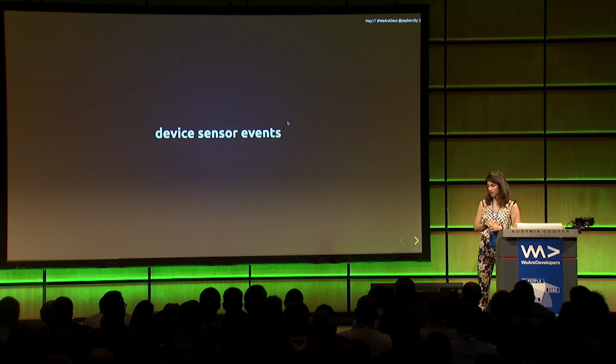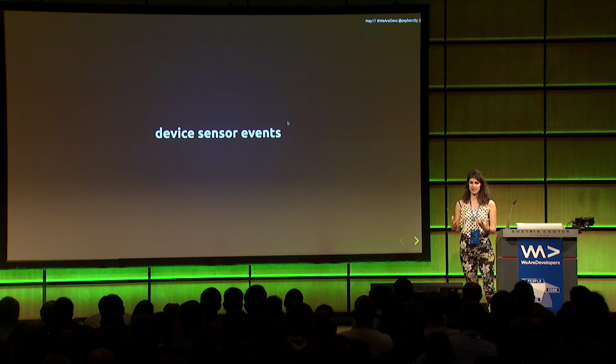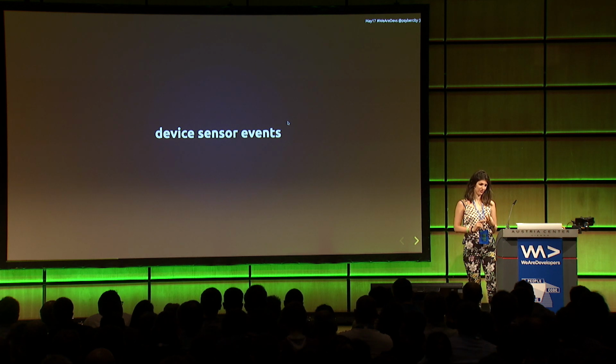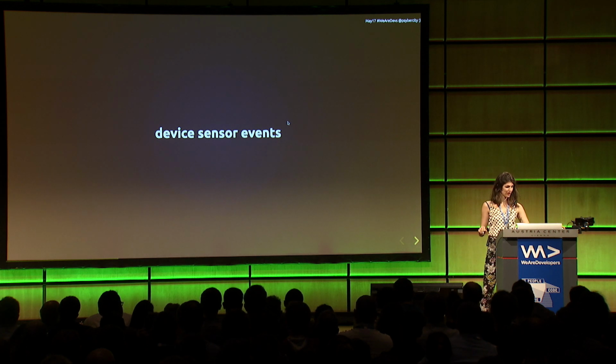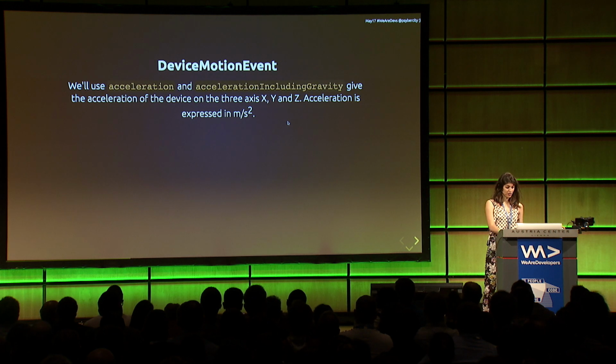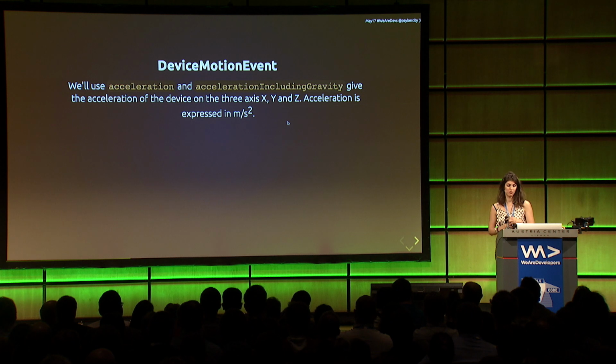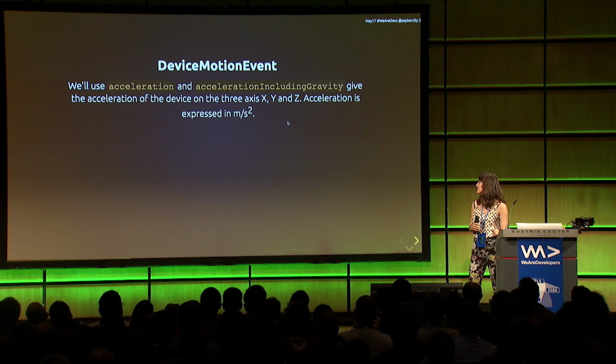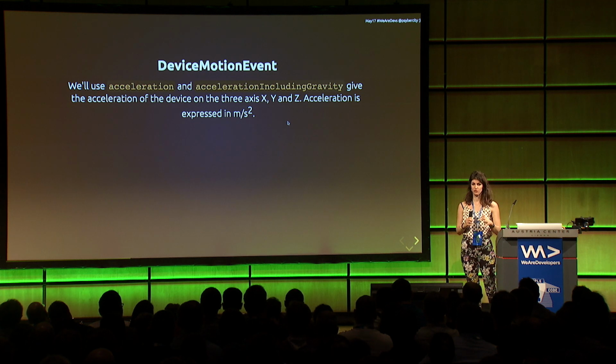So let's talk now about the device sensor events, the third thing in our tools. First, we're going to use the device motion event. We're going to use acceleration and acceleration including gravity. These are two different measurements that our phone provides.